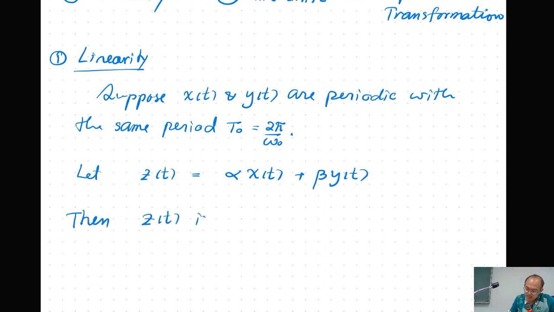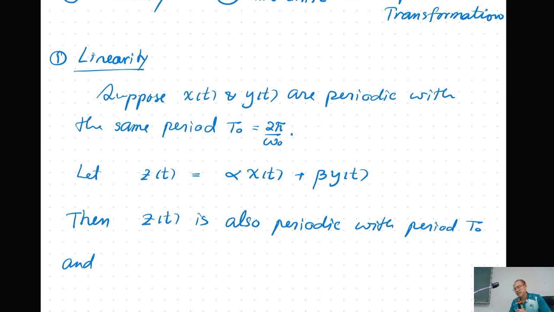z(t) is also periodic with the same period. And because it is periodic, we know that we can write it as a Fourier series representation.